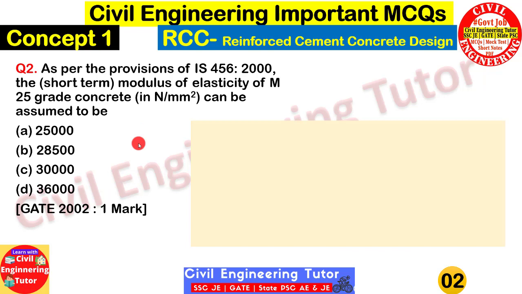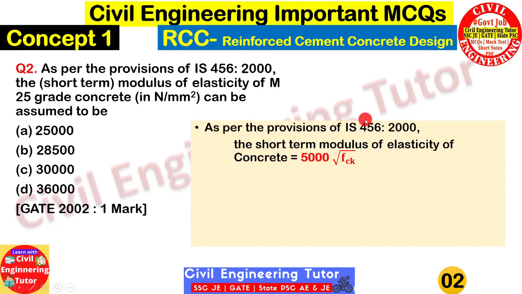Now moving towards the next question. Almost a similar type of question, and this is asked in GATE 2002. As per IS 456-2000, the short-term modulus of elasticity of M25 grade of concrete can be assumed to be, which will be the correct answer. So we have to find out the short-term modulus of elasticity for M25 grade. We know that as per IS 456, the expression for modulus of elasticity is 5000 root over fck.